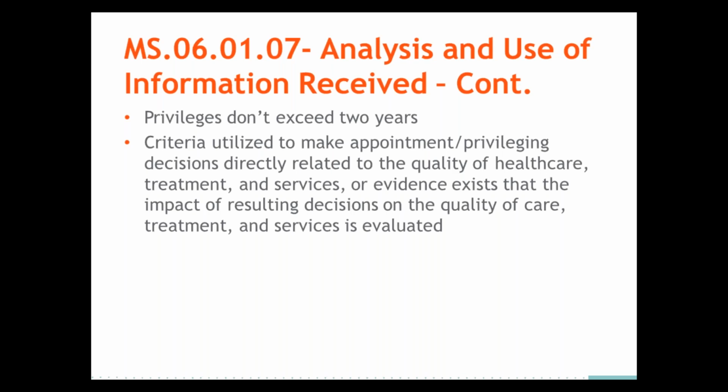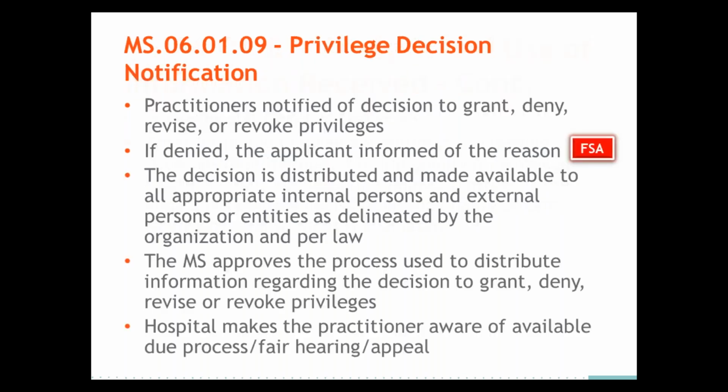It's just that if you're going to use it, you have to evaluate whether or not this is going to have a negative impact on patient care. Usually when we go with an exclusive contract or some kind of other economic criteria, we're doing it because we've established that this exclusive contract is going to help with standardization and will help improve patient care.